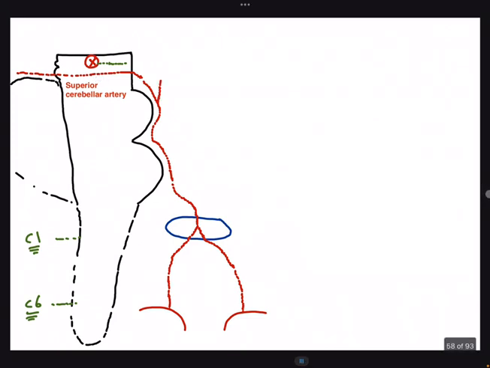Then the basilar artery continues to give the terminal branches to the posterior aspect of the cerebrum. So these arteries are called the posterior cerebral artery, and this is the right posterior cerebral artery.